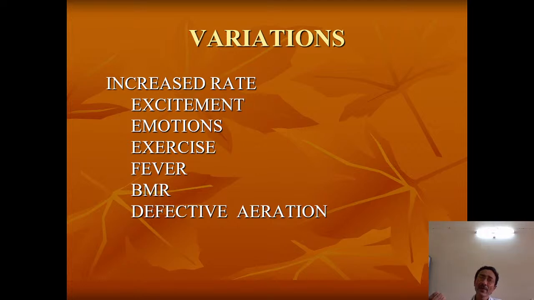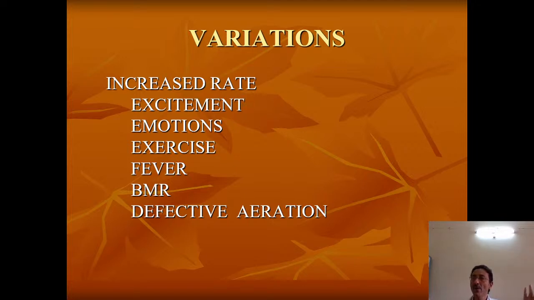And when the oxygen requirement is increased by the cells, that has to be brought by the increase in the respiratory rate. So if the end cells need increased oxygen, that increased oxygen requirement has to come from the alveoli, and that has to come by means of increasing the respiratory rate per minute. So an increase in the BMR will cause an increase in the respiratory rate.